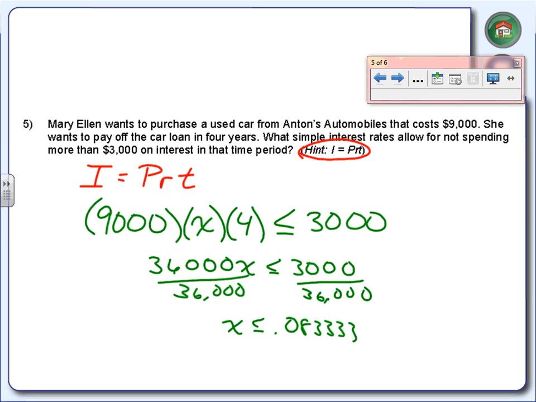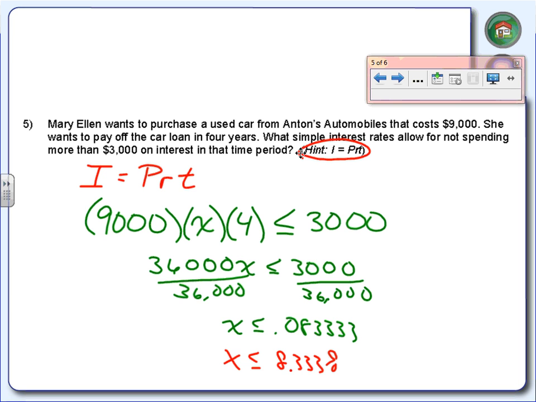Now remember, we were asked to find what is the simple interest rate. So we're talking a percentage here. And right now what I have is a decimal. I want percent. Anybody remember how to change a decimal into a percent? 2 decimals to the right. So if I move this 2 decimals to the right, what would that make it? 8.333%.